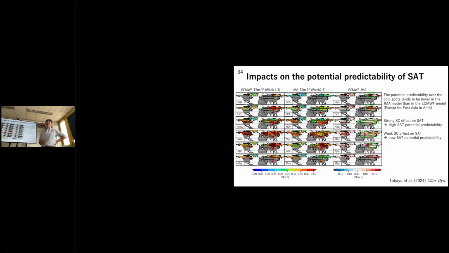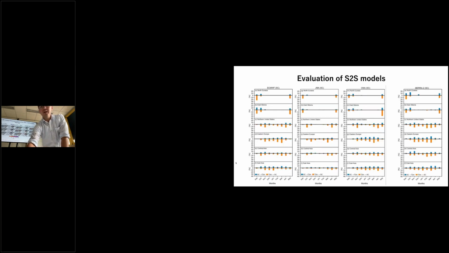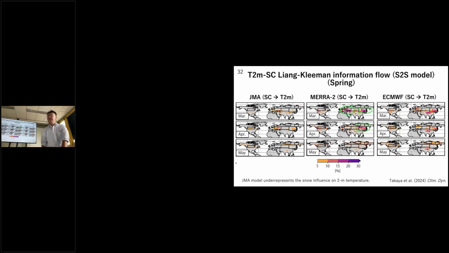So I believe that what he did really fixed this problem. We haven't really diagnosed the model yet, but I guess he improved the snow cover impact in the model.